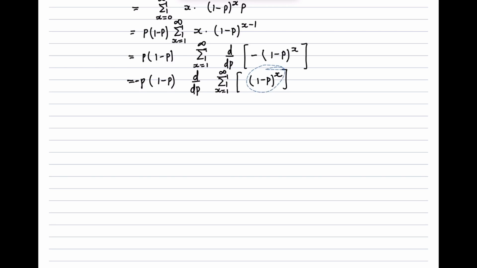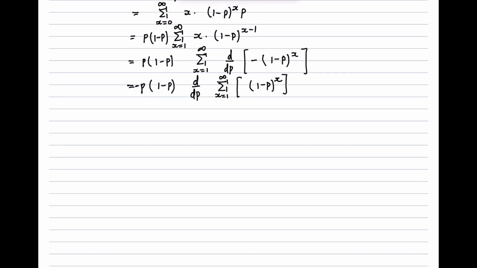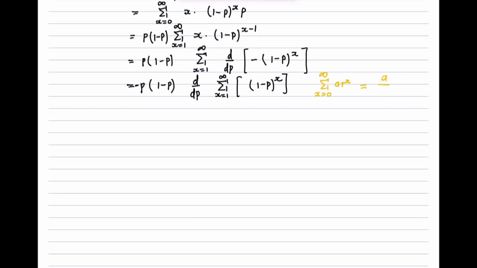The next part of this expression: if you recall, there's a particular formula that I'm going to be interested in. Remember the sum of a power series, where it's a r to the x from x equals 0 to infinity, is equal to a on 1 minus r, where the absolute value of r is less than 1.